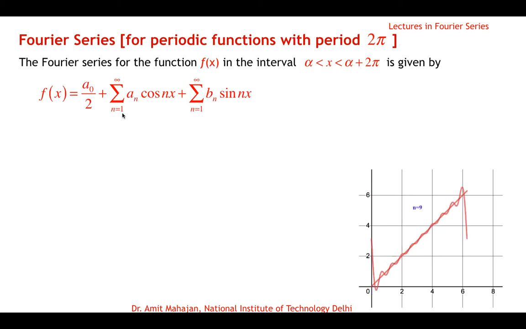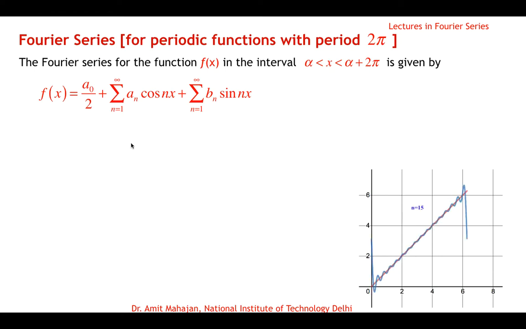Then the sum of that series will be equal to f(x) if this right hand side is convergent. I'm writing it equal to f(x), but you have to be careful whether this infinite series, if convergent, converges to f(x) or not.